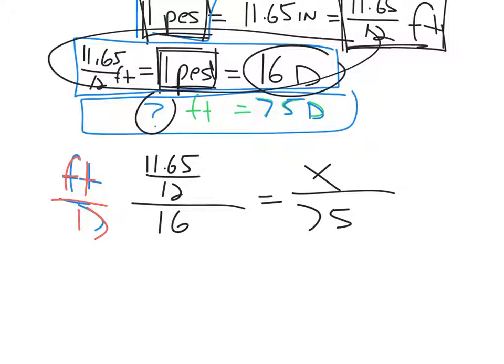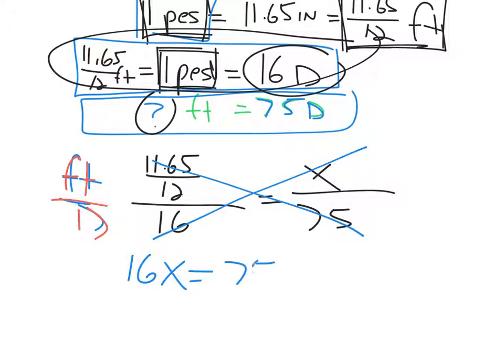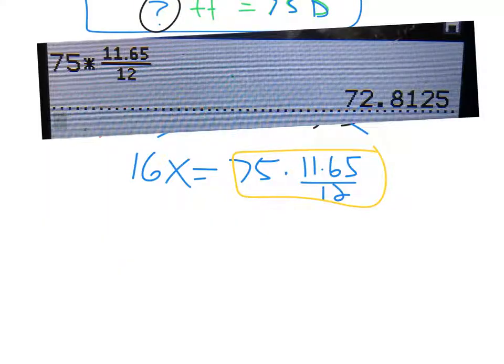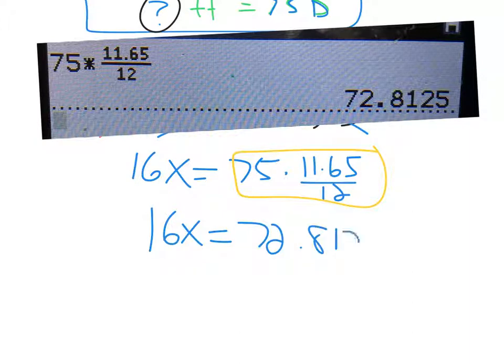The way you go about solving a proportion is to cross multiply. So you have 16 times x, that equals 75 times 11.65 over 12, which you can just simplify on your calculator. So here I'm going to have 16x equals that 72.8125 number.